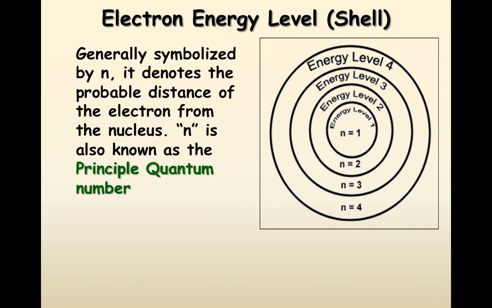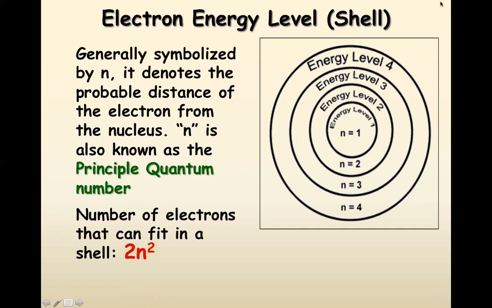The symbol for the energy level is a lowercase n, and that n is known as the principal quantum number. If you're taking notes, this is something I would definitely write down: the principal quantum number, and the symbol for that is an n.